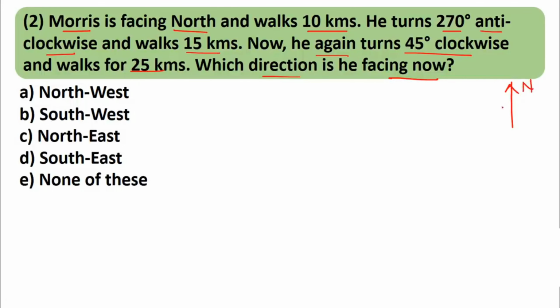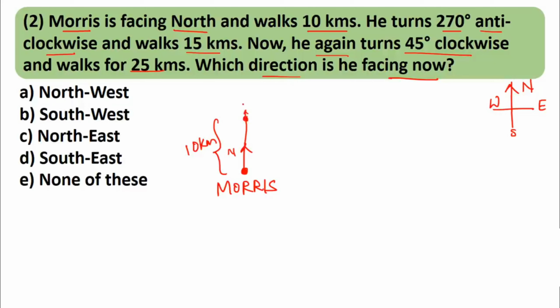Direction sum. So we will have our north, okay, so this will be south, this will be east, this will be west. Now here we have Morris, and Morris is facing north, correct? Morris faces north and walks 10 kilometers. So Morris has walked 10 kilometers, right? Now here Morris turns 270 degrees anti-clockwise. Now Morris has reached over here and he is still facing north.